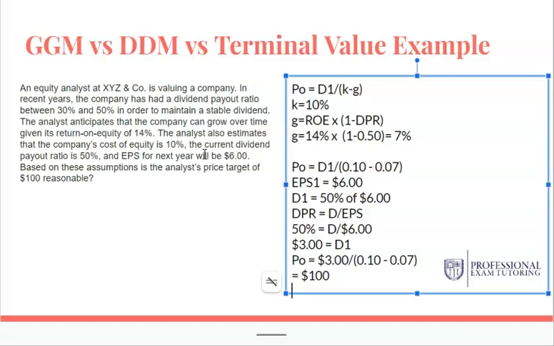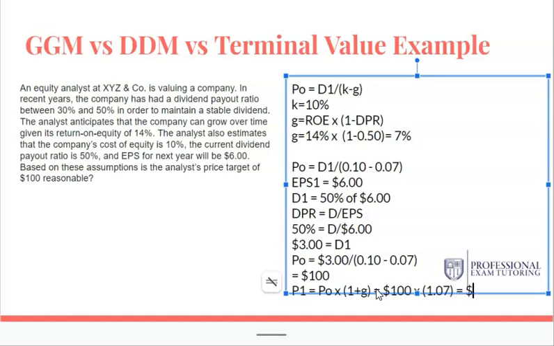Our price target is in fact going to be P1, which is the price today times 1 plus G. And when we do 1 plus G, we're going to get 100 times 1 plus the growth rate of, I'm sorry, 7%.